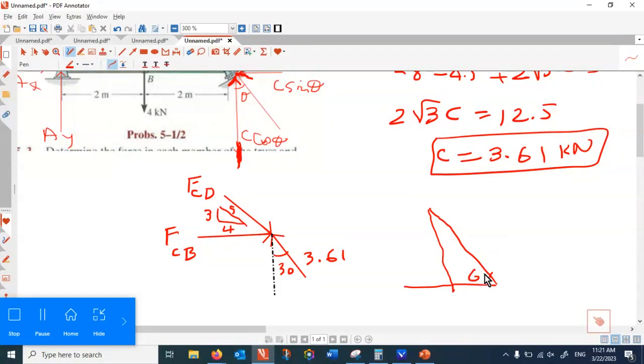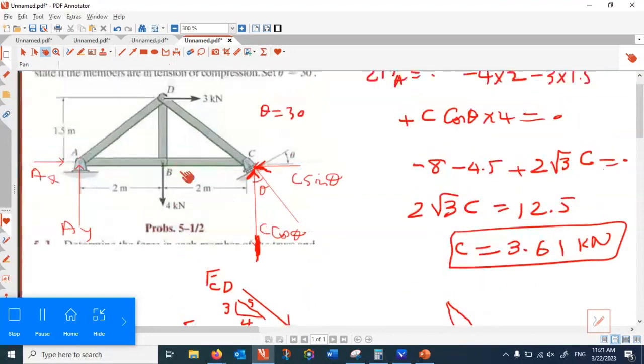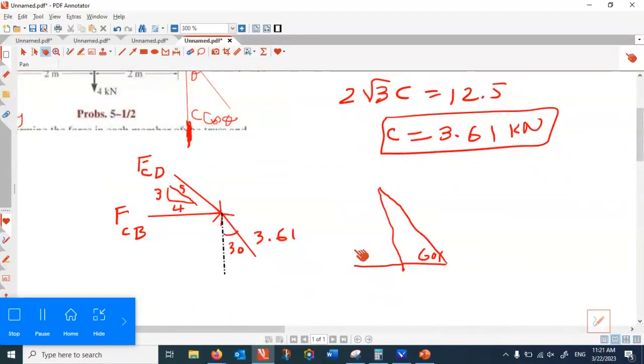So why is it 4, 3, 5? I just double the sizes. This is 2, 1.5. If you make it 4, this becomes 3. So a right angle triangle is 4, 3, 5. So this is 60 degrees, and I know the magnitude of this one, that is 3.61. So let's find out the angle.